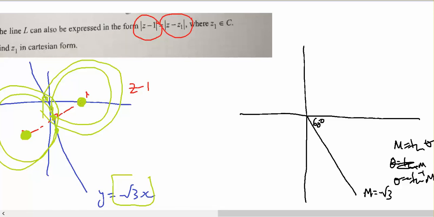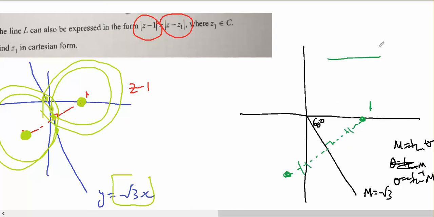So if I know that this point here is 1, and I draw this perpendicular line, then what I'm looking for is the spot over here, so that this distance and this distance are the same.